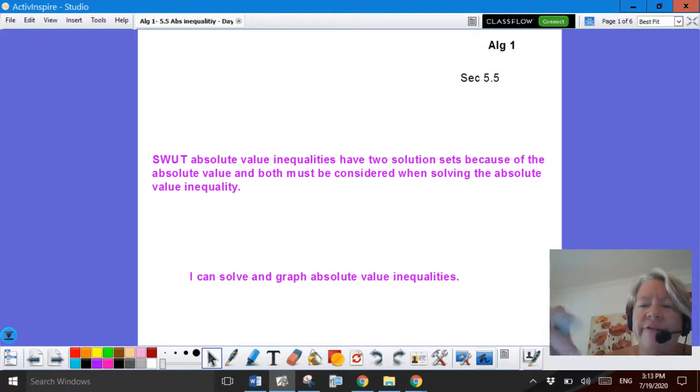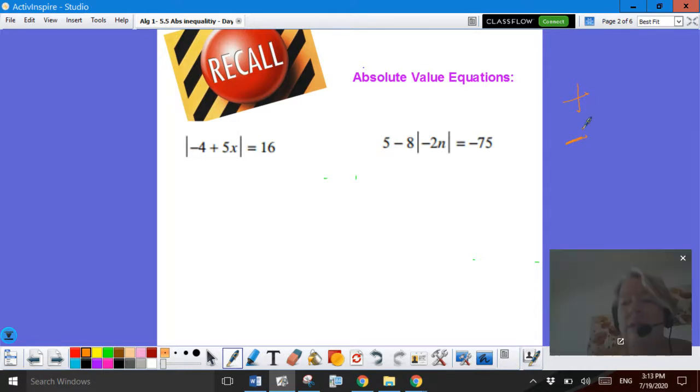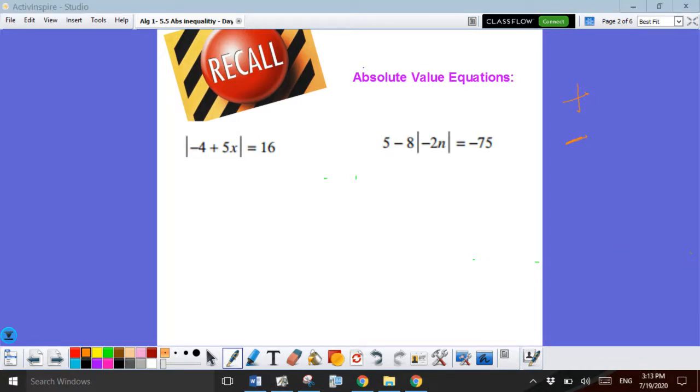So before we get too far into this, we probably should do a quick review on solving absolute value equations. Because if you remember, there were two solutions. There are two equations you had to come up with, one that was positive and one that was negative. Okay, so think about this one.